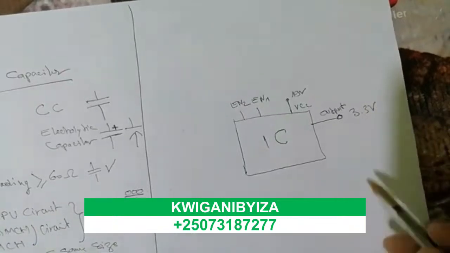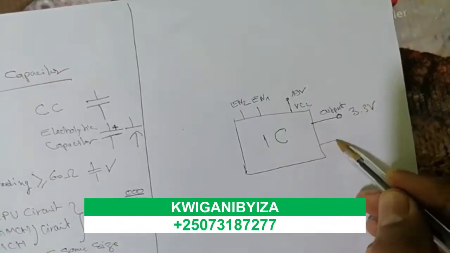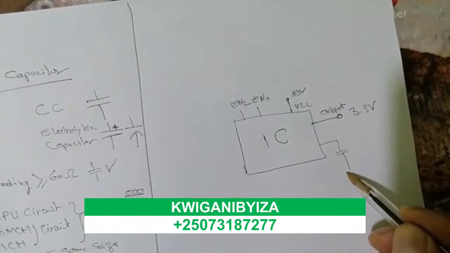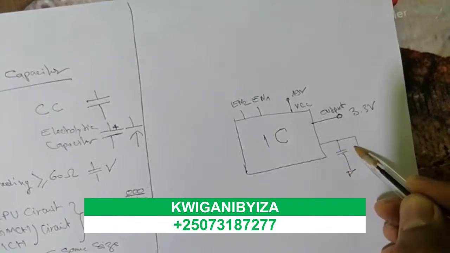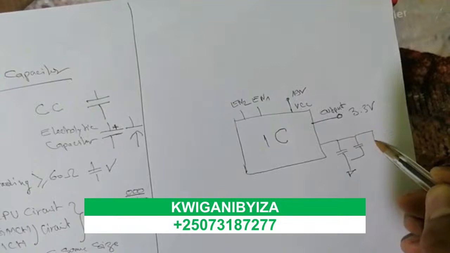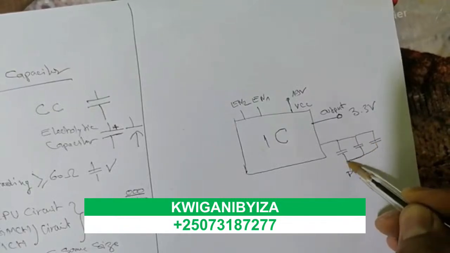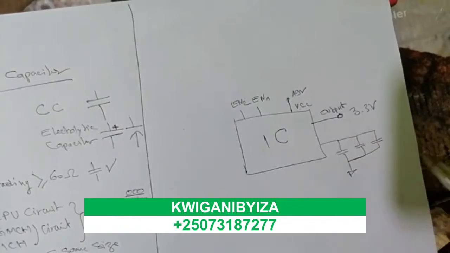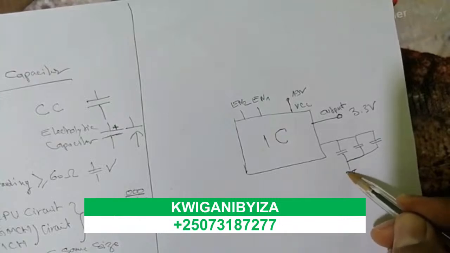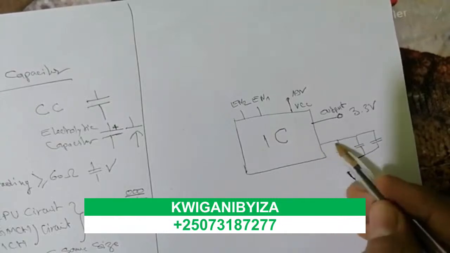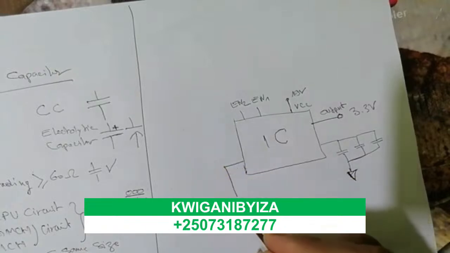Then you will find, as you can see here, some ceramic capacitors that are connected to the ground. All ceramic capacitors near integrated circuits are connected to the ground on one side and to the IC on the other side, and of course the IC is also connected to the ground.